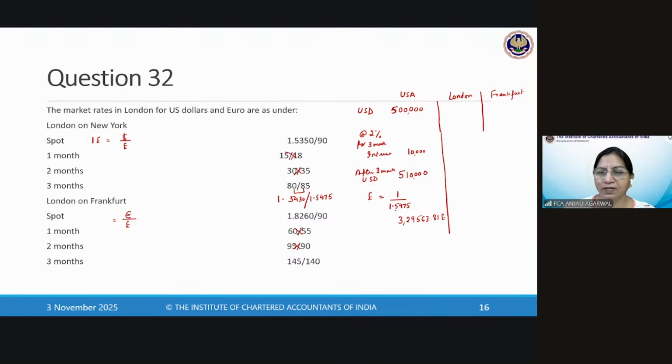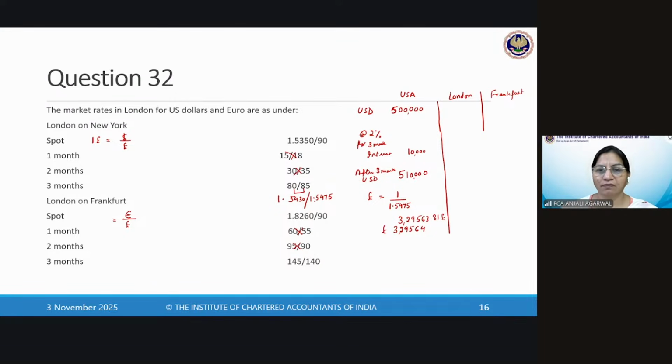When you convert it into pounds again, you end up getting 3,29,563.81 pounds. Rounded off, 3,29,564 pounds. Okay? You will use the swap rates.